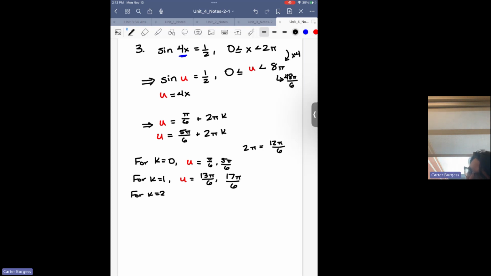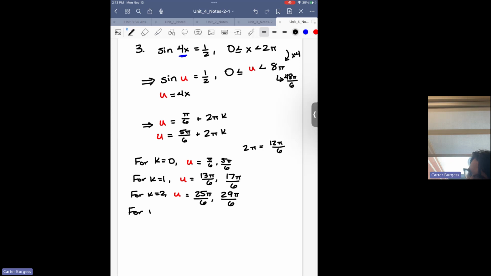When k is equal to 2, we could think of adding 24 pi over 6 to the originals, but we could also just add another 12 pi over 6 to what we just found. Then u is going to be 25 pi over 6 and 29 pi over 6.